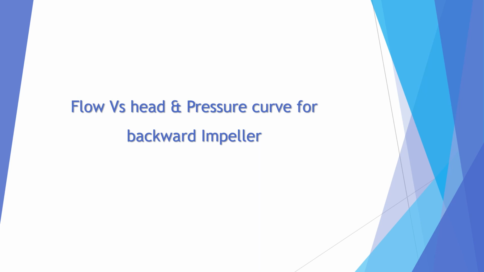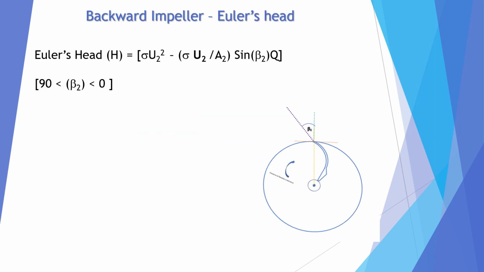Now the flow versus head and flow versus pressure curve for the backward impeller. This is a backward impeller. Euler head is expressed the same way, and beta 2 lies between 0 to 90 degree, and as flow increases, Euler head starts decreasing as per this equation.